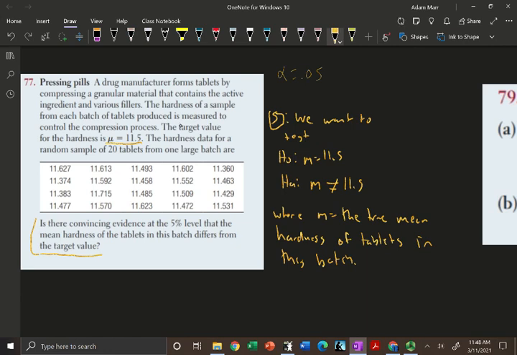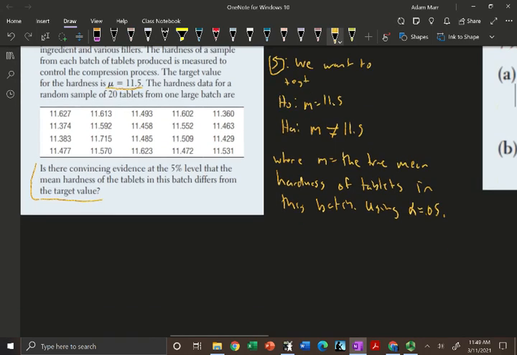It always says it in the question, so it should be right down here. One thing that is a little bit confusing here is they don't actually give units. You should always mention the units in the parameter, but in this particular problem there are no units. It's just some type of hardness compression level or something. And we're going to say using alpha equals 0.05.